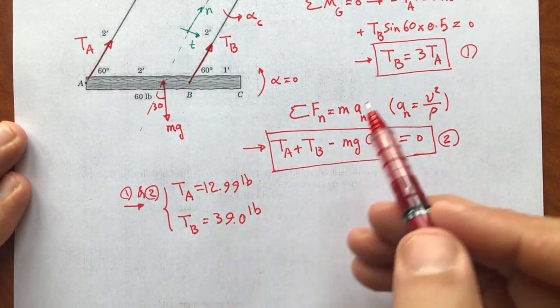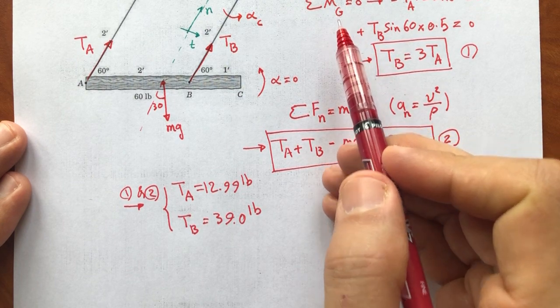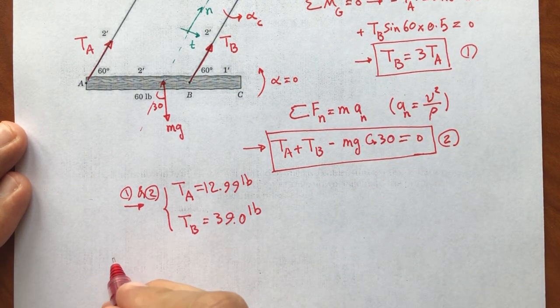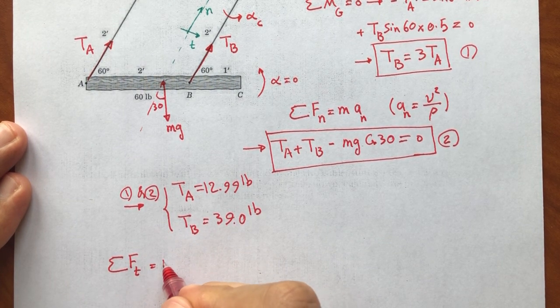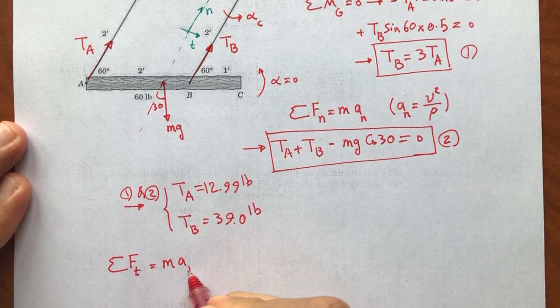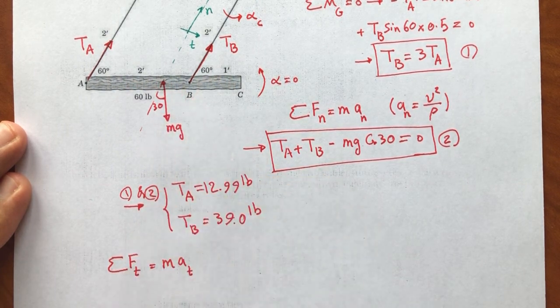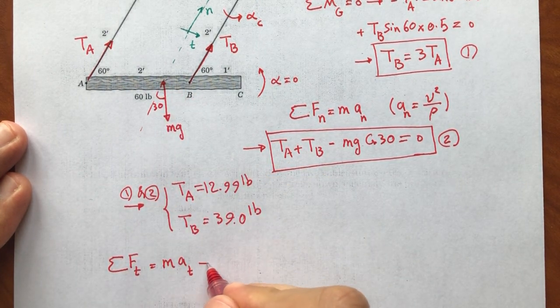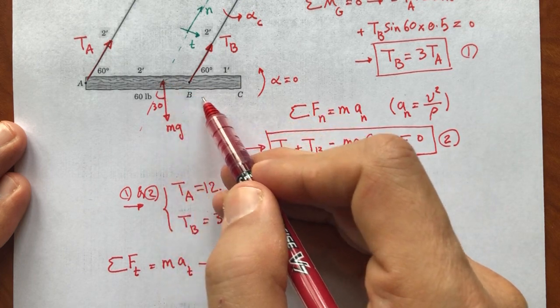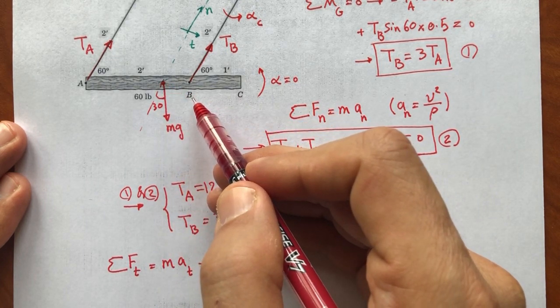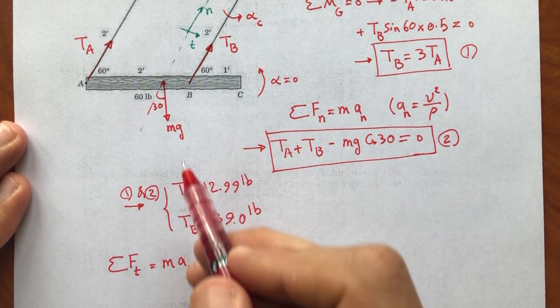If you look at our solution carefully, we used this equation and this one, but I didn't use sum of the forces in the tangential direction. Sum of the forces in the tangential direction is equal to mass times acceleration of the centroid in the tangential direction, right? And the forces that we have in the tangential direction, TA and TB, both of them are perpendicular to tangential direction, so they don't have any component here.